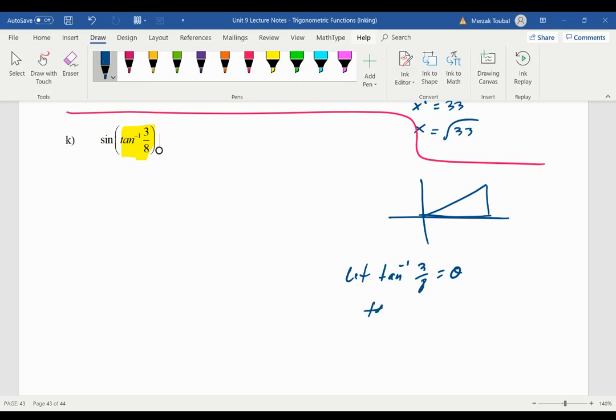That means tangent of theta is 3 over 8. Tangent is opposite over adjacent, 3 over 8. Then we use the Pythagorean theorem to find the missing side. That should be 9 plus 64, which is 73. So this would be root 73. You can do the math. So root 73, and this is angle theta.